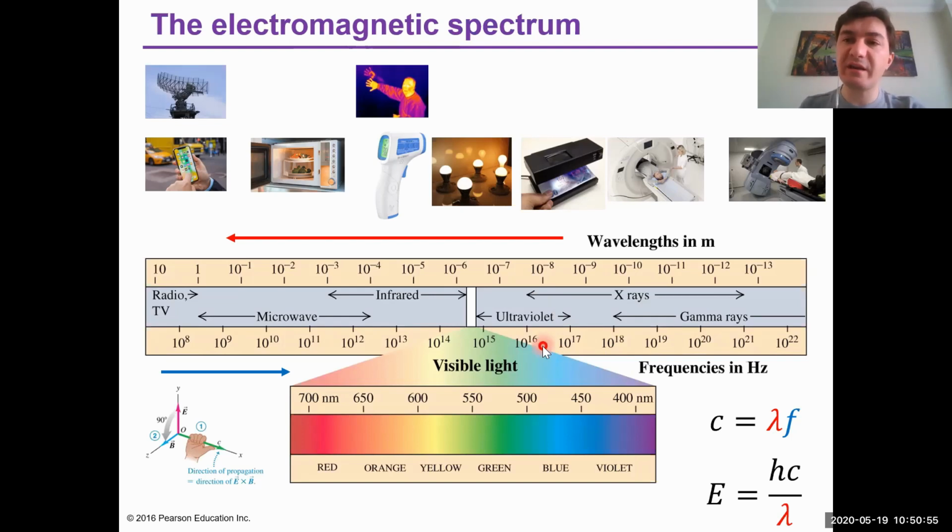I can also say that they can be used for UV lithography in order to produce integrated circuits. And in X-ray region, X-rays are very important electromagnetic waves. They have many applications. I just show you here medical applications, computed tomography.